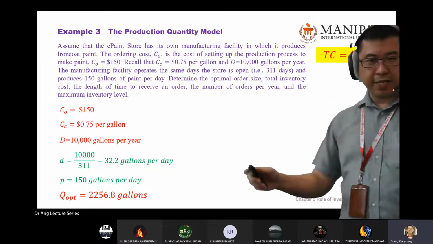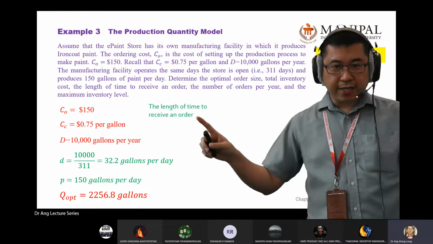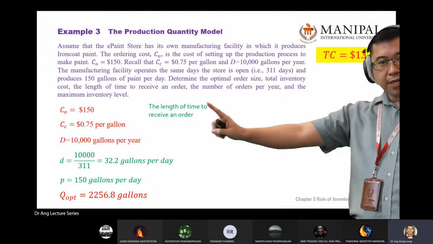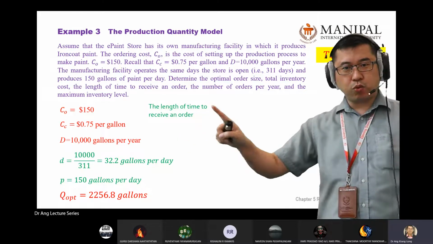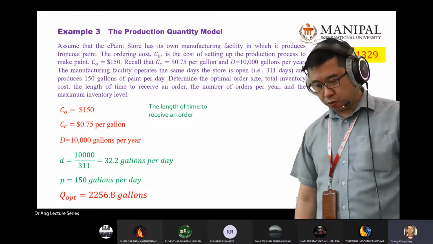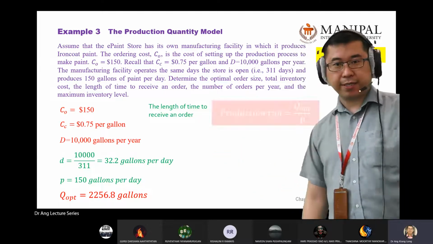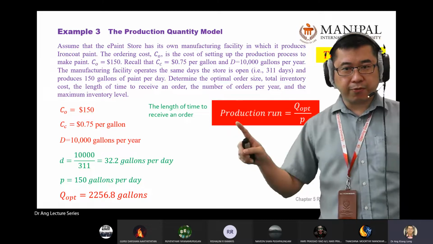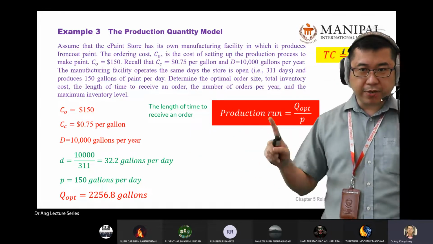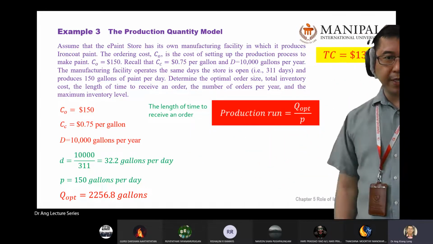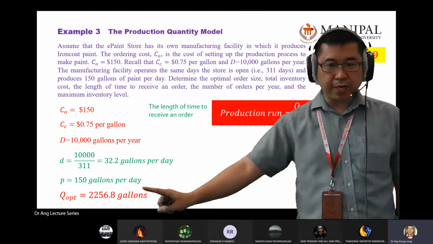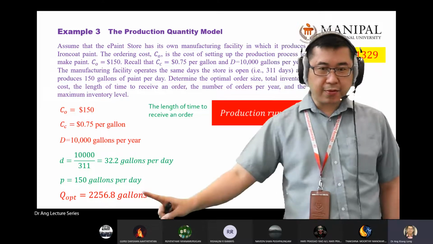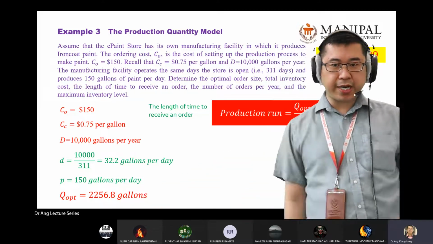Okay, very good. Next, we find the length of time to receive the order. This is the calculation to get how long it takes to receive the total order. So the production run is Q op divided by P. This is the quantity that you produce at optimum level, 2256.8.